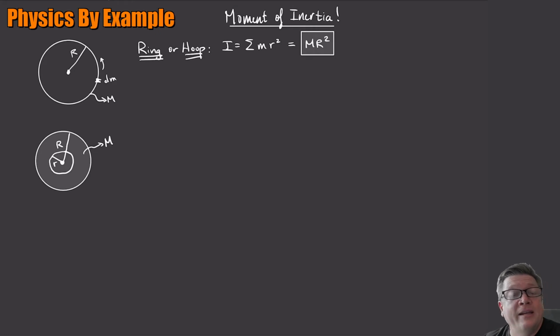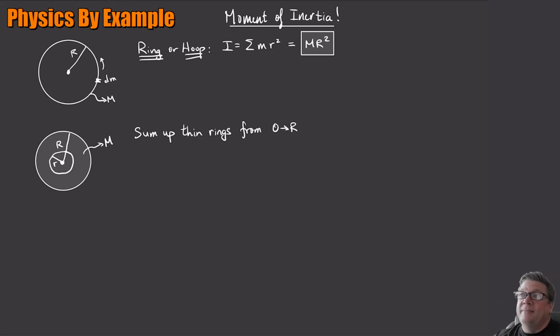Each little ring has a radius little r. So sum up thin rings from 0 out to R. That might do it.